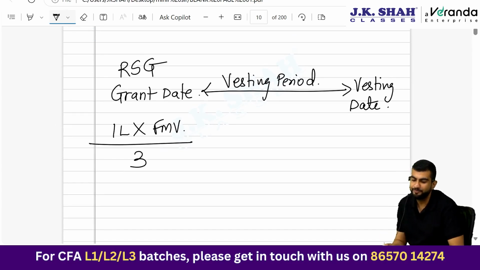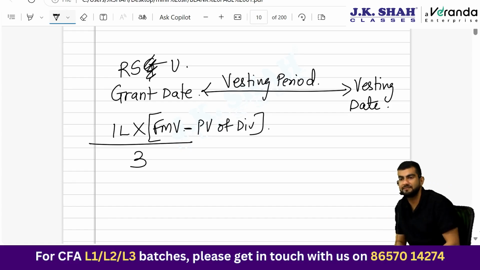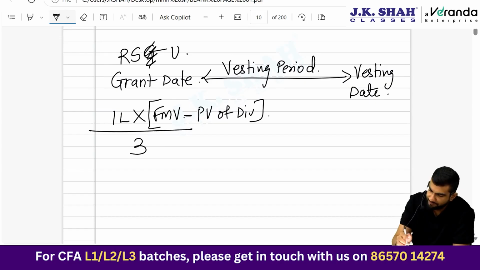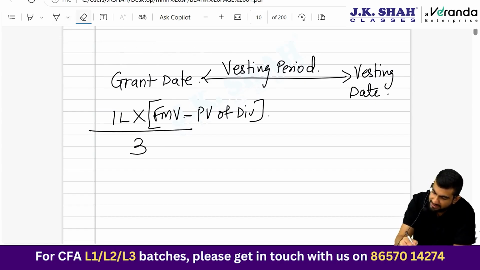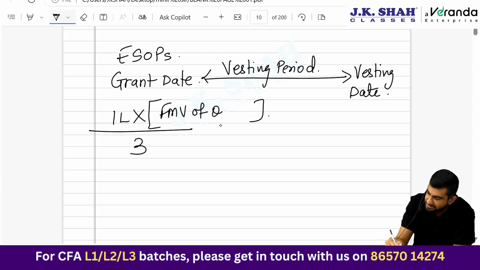Now when it comes to restricted stock units, accounting treatment is largely the same except for one difference. From this fair market value, you will have to subtract the present value of future expected dividends, okay, since you are not paying dividends to the restricted stock unit holders. Now when it comes to ESOPs also the accounting treatment is largely the same, but instead of fair market value of shares, I have to consider the fair market value of options.